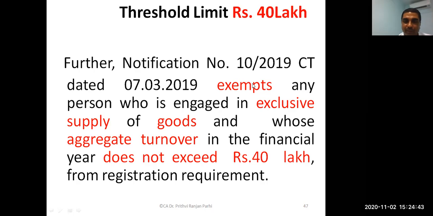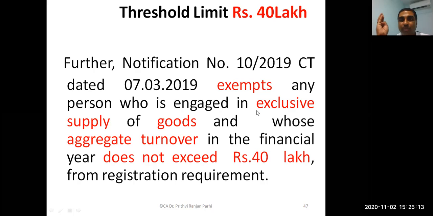So this notification covers persons who are exclusively engaged in the supply of goods and whose aggregate turnover in the financial year does not exceed 40 lakh. That means up to 40 lakh. If a person is supplying goods, then they are exempt. That means the threshold limit for certain persons has increased from 20 lakh to 40 lakh rupees. Are you getting me? By virtue of this particular notification.